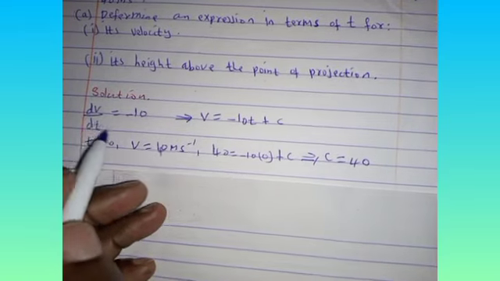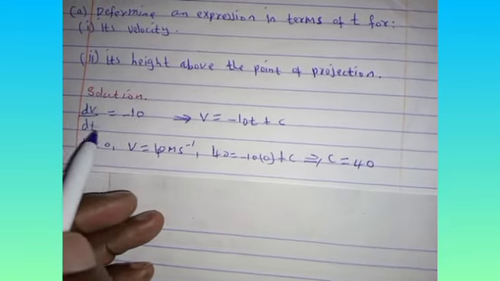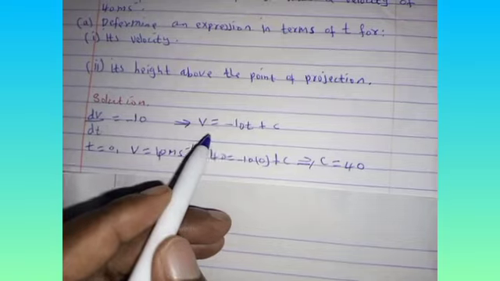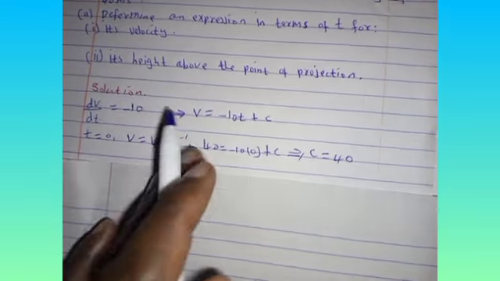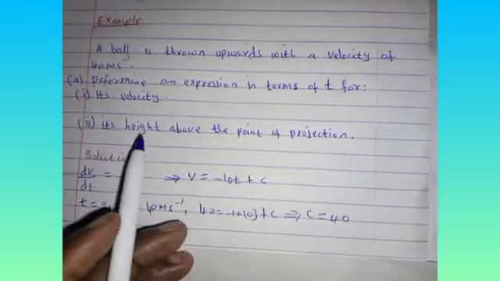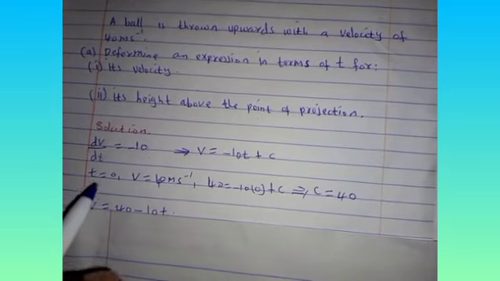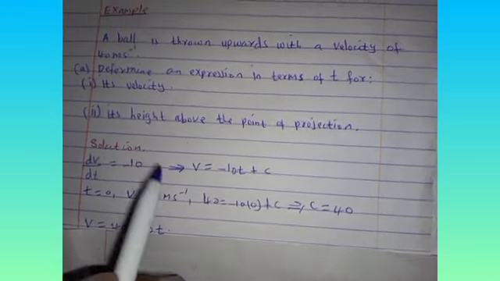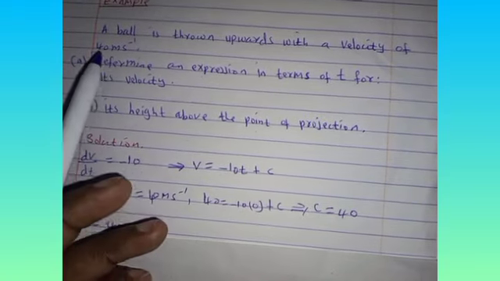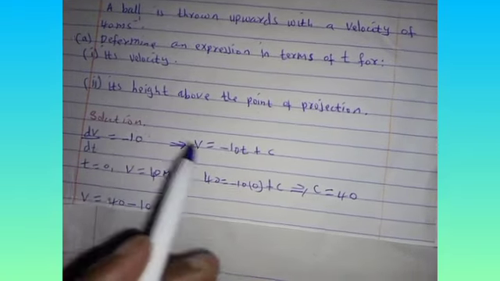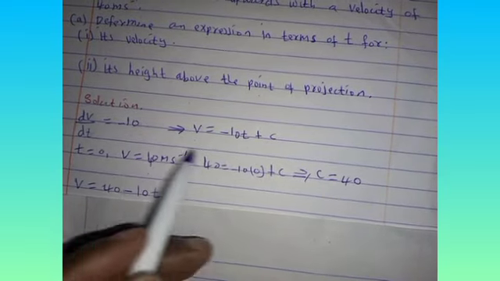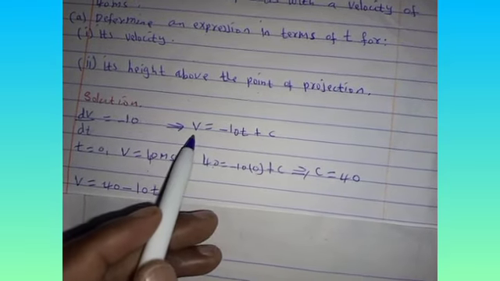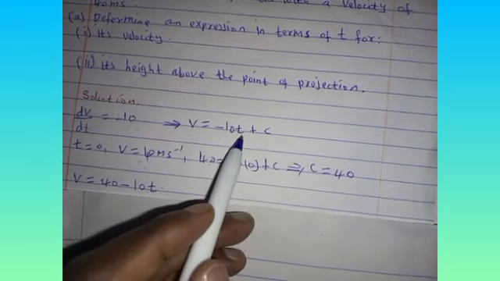So to get velocity, we integrate this function with respect to t, and we are going to get v is equal to -10t plus c. Now, initially, when the ball was thrown, the time was 0, and the velocity we are given is 40 meters per second. So where you have v, you substitute 40, and where you have t, you substitute 0.